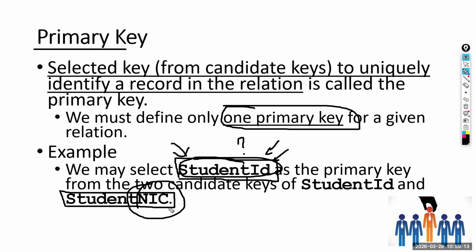We don't know whether someone has a fake NIC. But this is something we have control over. Sometimes a student might say, very rarely, that they can't remember the NIC. Then we can't have null values for a primary key. But student IDs, as long as we generate them, we have control of them. So therefore, something we can control is better than something from outside.